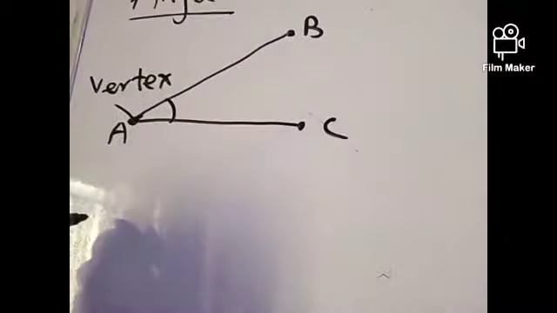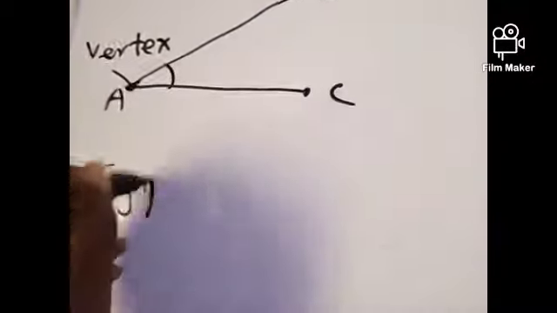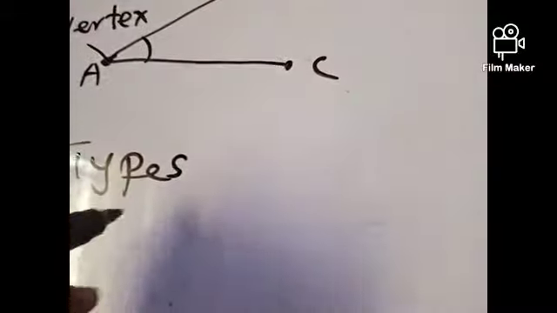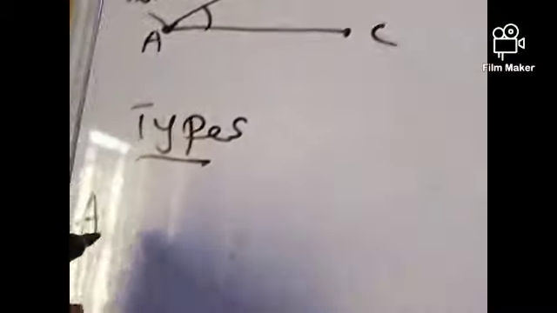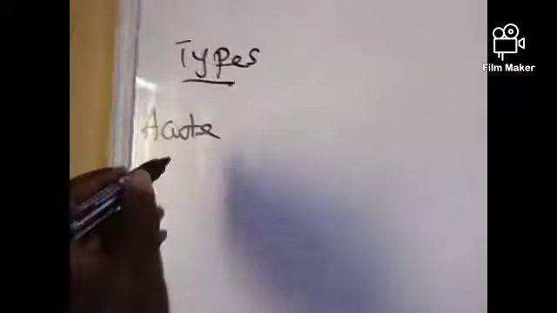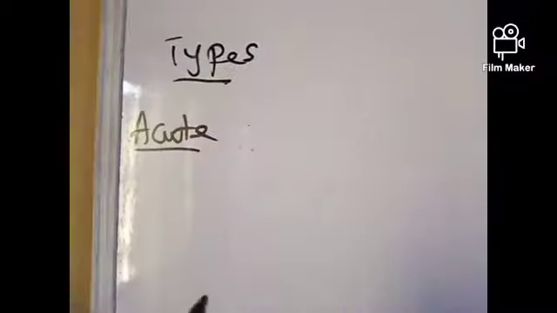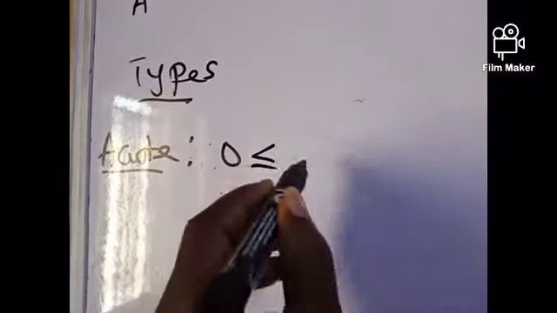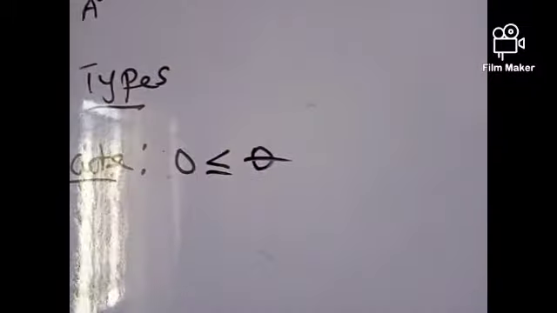We have what we call acute angle. When we are talking about acute angles, these are angles that are between 0 and 90 degrees. Let's use theta to represent the angle.